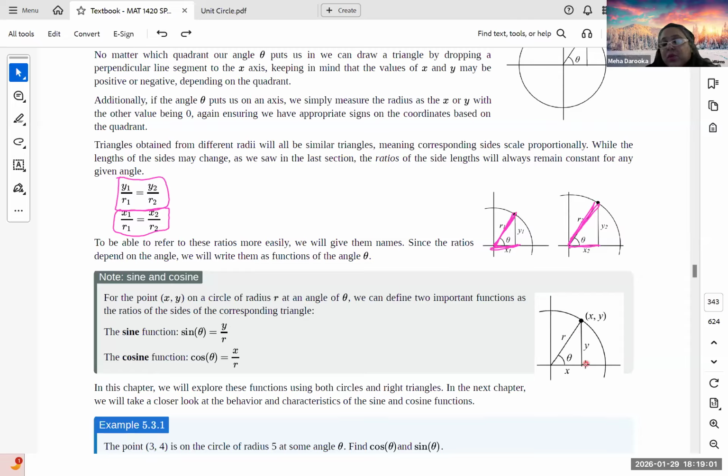It really doesn't matter if x is longer or y is longer, but your sine function will be defined as the distance of the y value based on the radius of the circle, so y over r. And the cosine function will, of course, be defined as x over r.